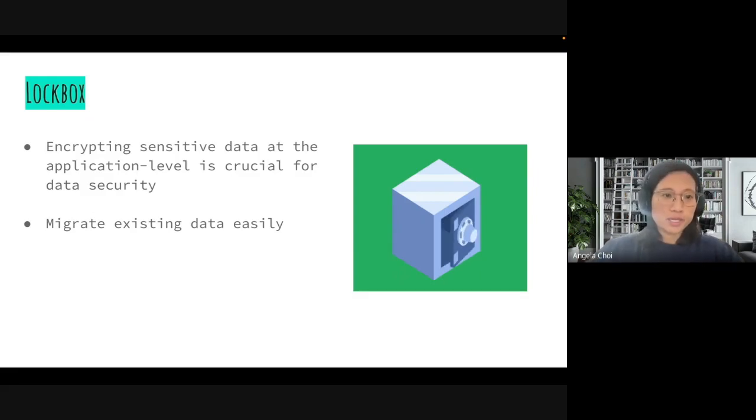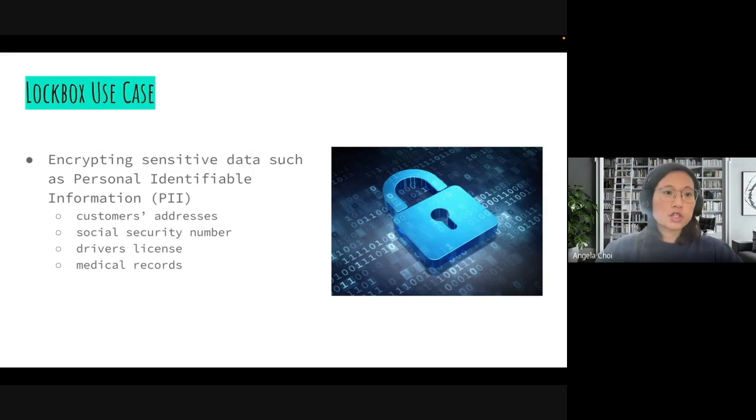I've done this before. A use case for Lockbox would be to encrypt sensitive data, such as personally identifiable information, also known as PII, such as a customer's address, social security number, driver's license, medical records, just very sensitive information that you don't want to be leaked.